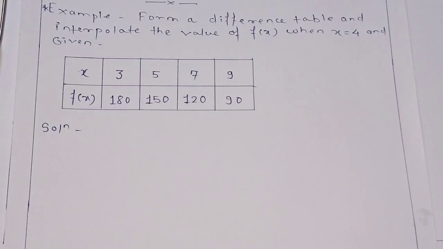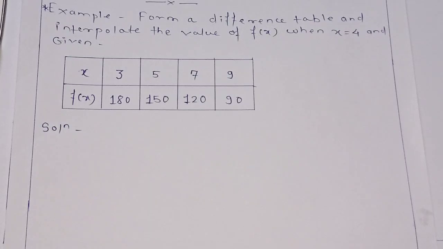Let us consider an example below. Form a difference table and interpolate the value of f of x when x is equal to 4, given x values 3, 5, 7, 9 and f of x equal to 180, 150, 120 and 90.